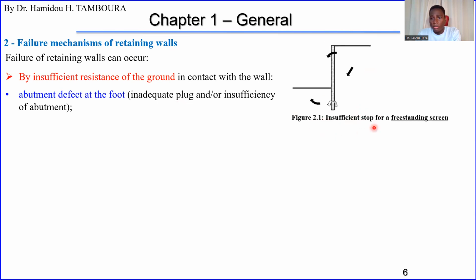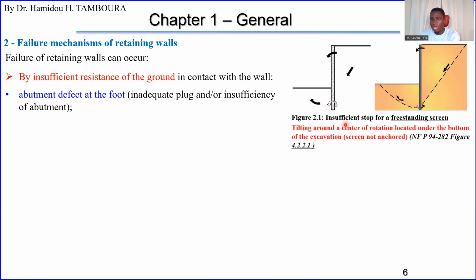Here is one example, in the case of a freestanding retaining wall, meaning we don't bring any support; it's standing alone. The same type is shown here with color and slip surfaces, slip lines. In this situation, we can get rotation, tilting, with the rotation center being around this point.